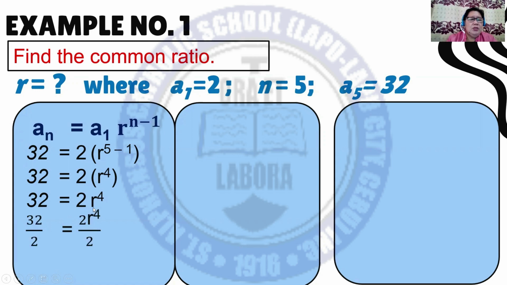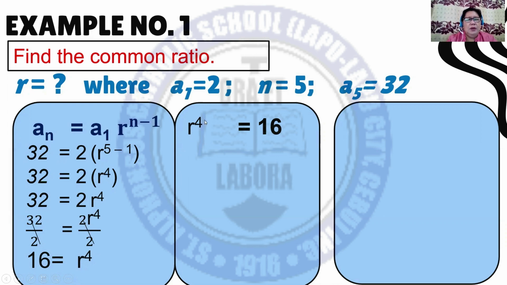Divide by 2, divide the other side by 2, then you will have 32 divided by 2 is 16, cancel 2, then we have r exponent 4. Then applying the symmetric property of equality, we can interchange the position.